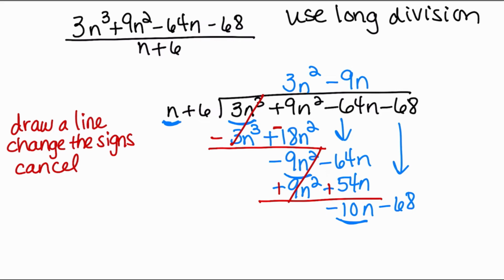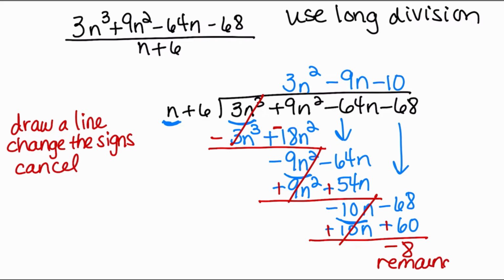And the answer, of course, is negative 10. So negative 10 times n is negative 10n. Negative 10 times 6 is negative 60. We're going to draw a line, change the signs, and that's going to cancel out. And I'm left with negative 8. And this negative 8 is my remainder.